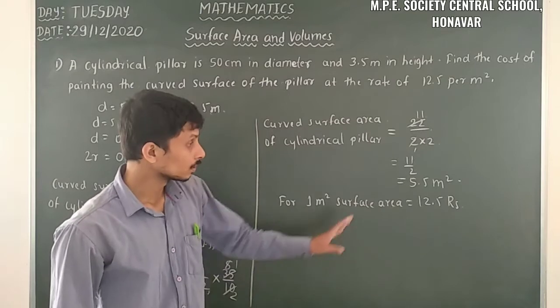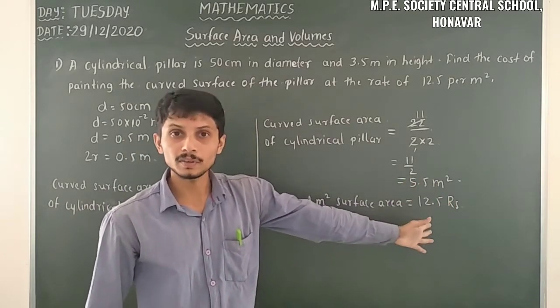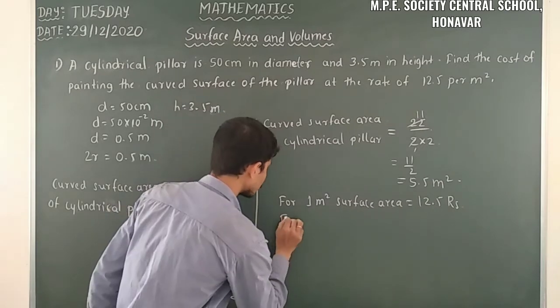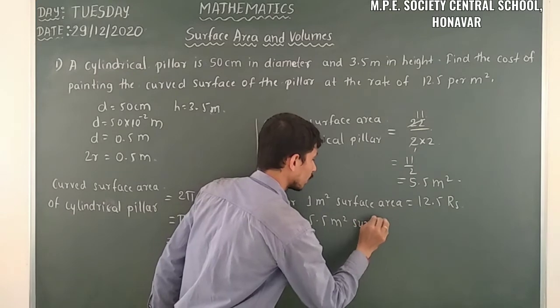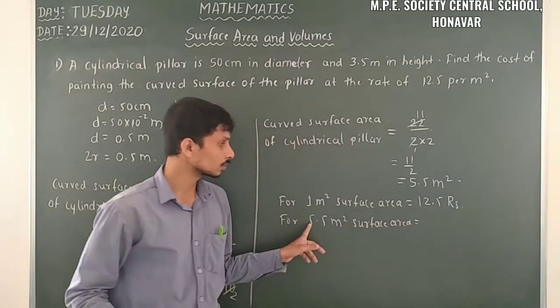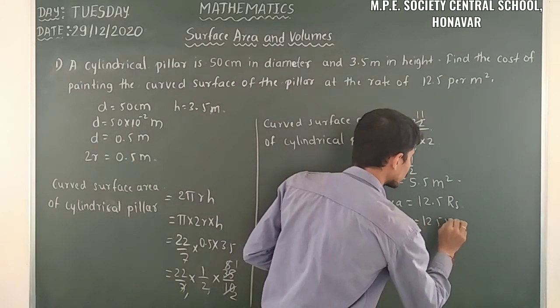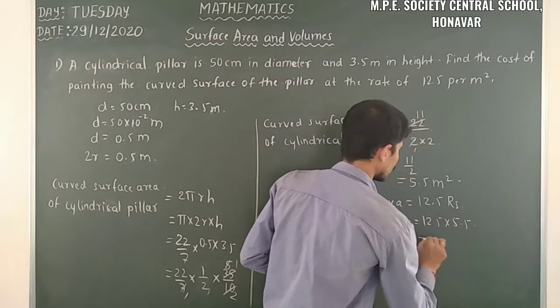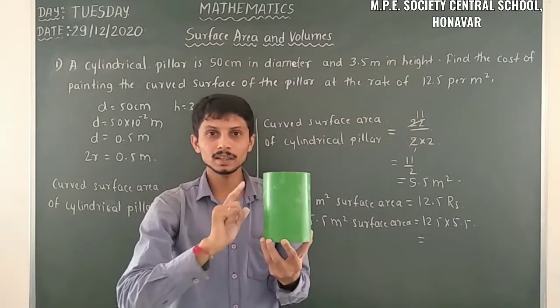Then there are 5.5 meter square area we have. So for 5.5 meter square surface area, we have to multiply 12.5 with 5.5. Just observe, we have the curved surface area to paint.